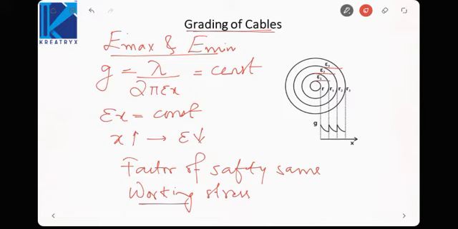How do you know which dielectric will be placed near the conductor and which will be placed outside? We do not randomly arrange the dielectrics. There must be some method. So to place the dielectrics, we have two procedures: keeping the factor of safety the same or keeping the working stress the same. So let us see first of all keeping the factor of safety constant.